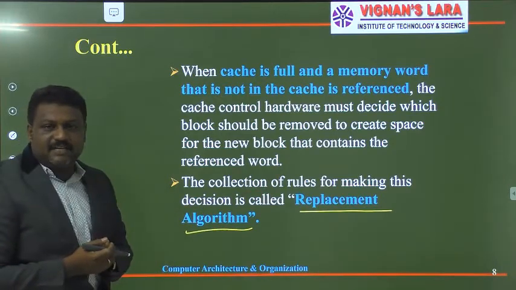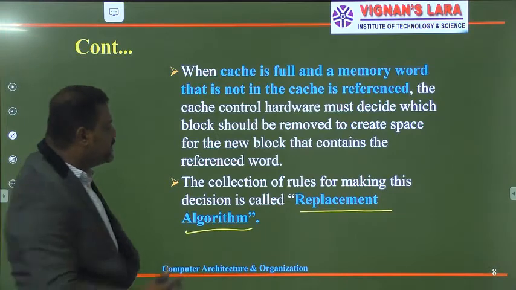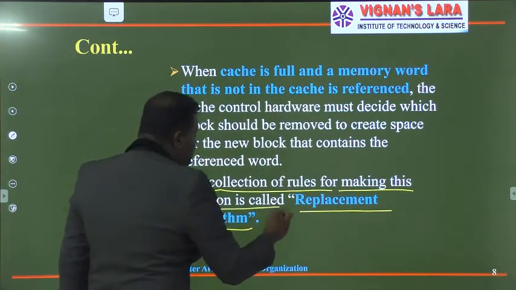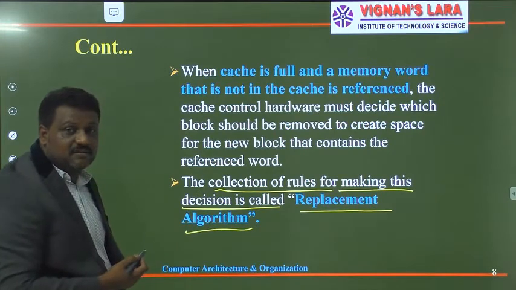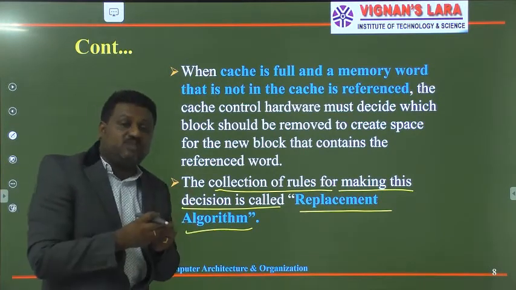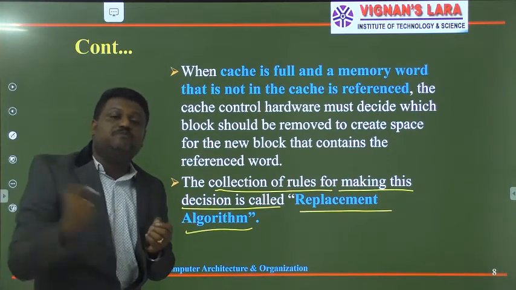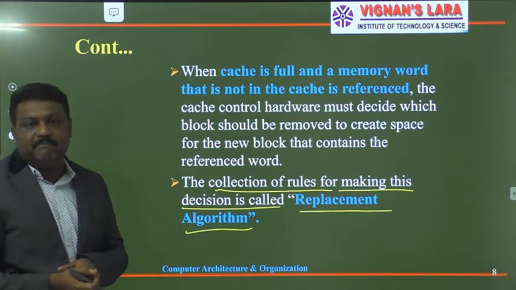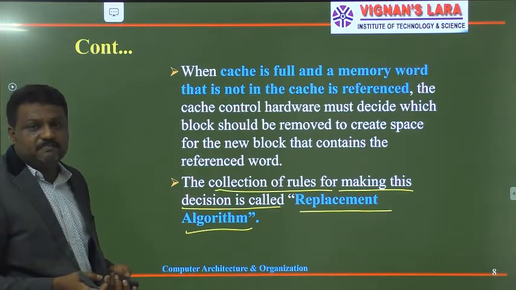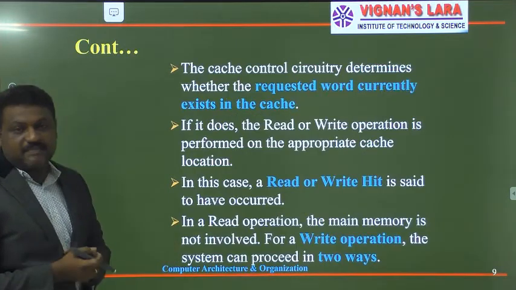Generally, a replacement algorithm is a collection of rules for making this decision. And the decision here is to vacate one of the cache lines for the newly received block from main memory. So we do that with the help of replacement algorithms.